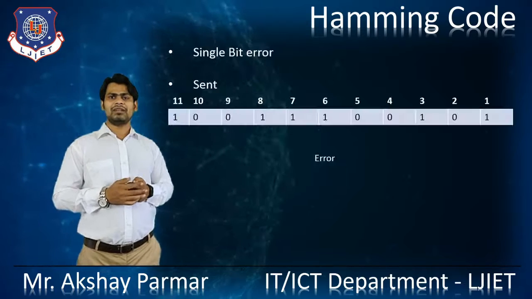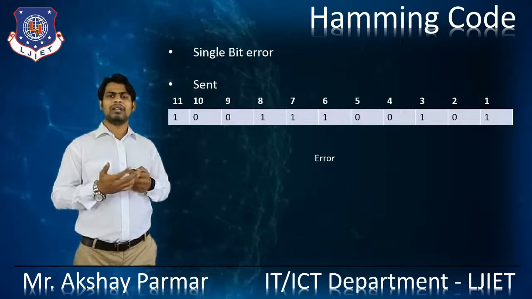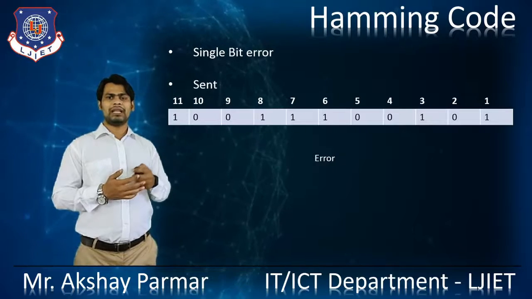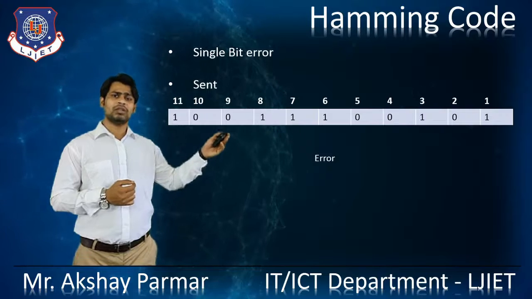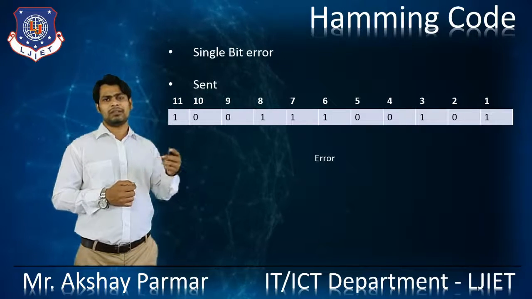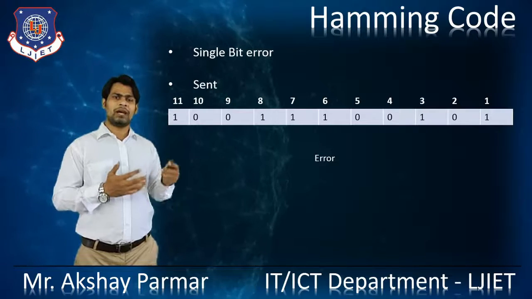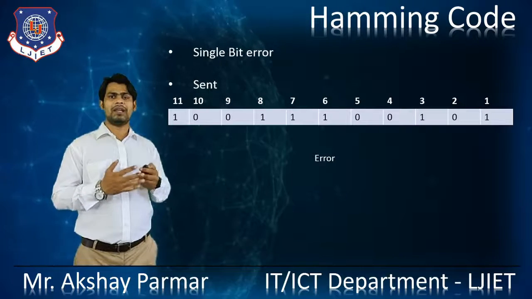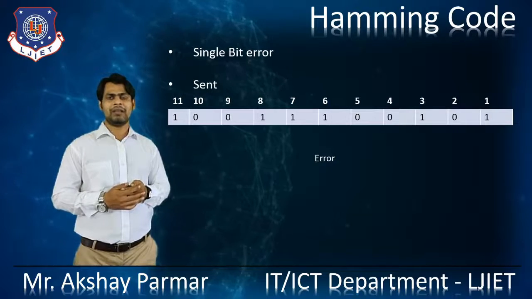After that, let's see what happens if a single bit error occurs, right? How can we detect that? If the sender is sending the data 1001111000101, for which we have found the values of R1, R2, R4 and R8, along with the original data bits, right?